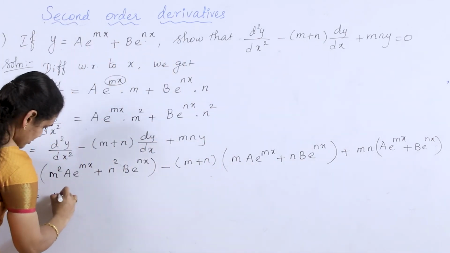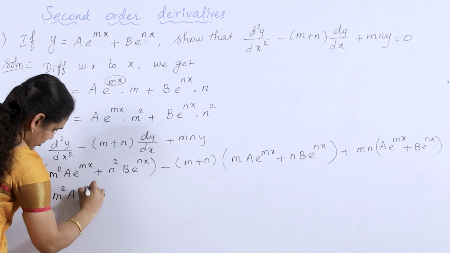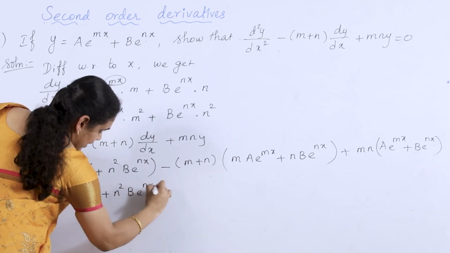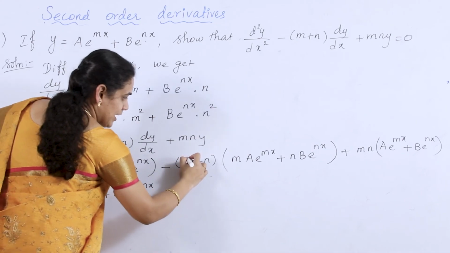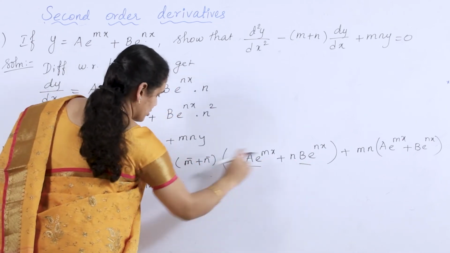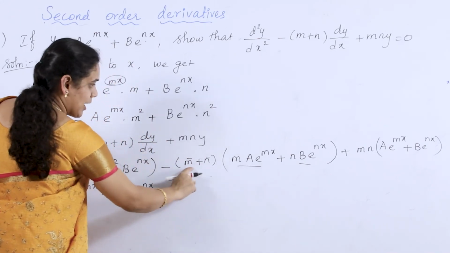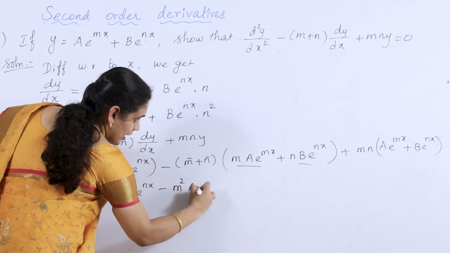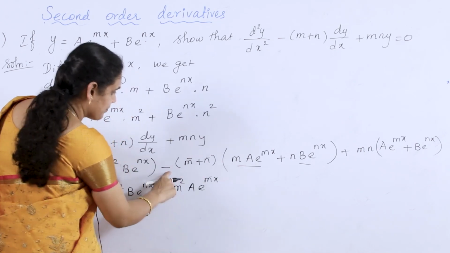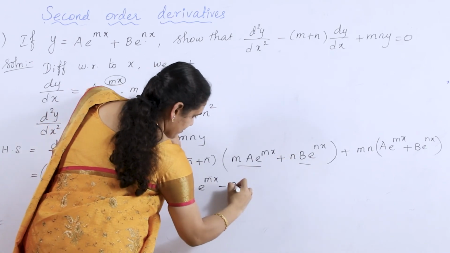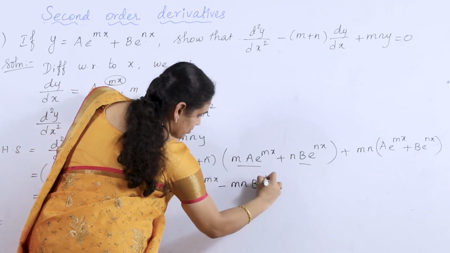So here m square a e to the power mx plus n square b e to the power nx. Then I multiply m with these two terms and then n with these two terms. First let me multiply this m with the two terms: minus m square a e to the power mx, then minus into plus minus mn b e to the power nx.